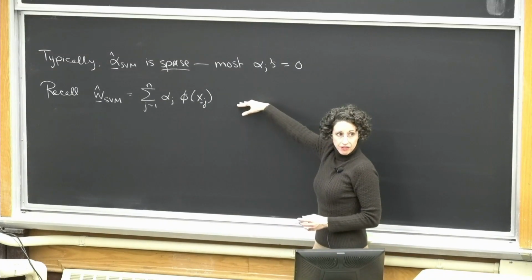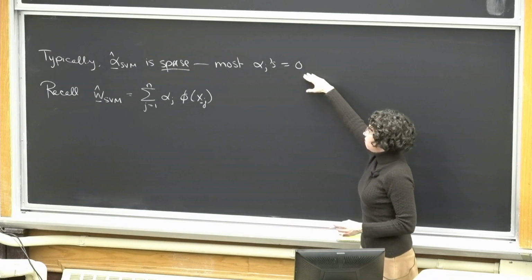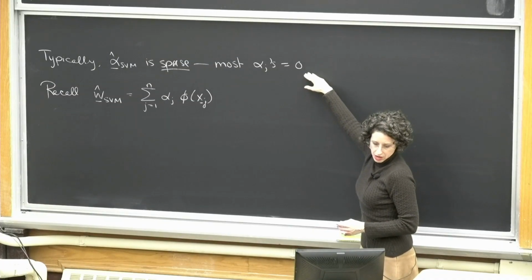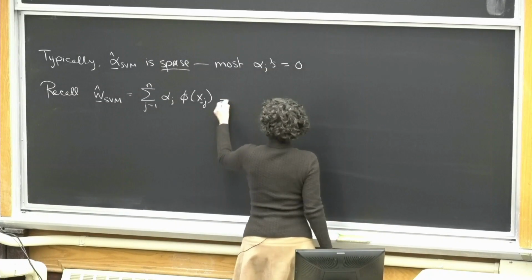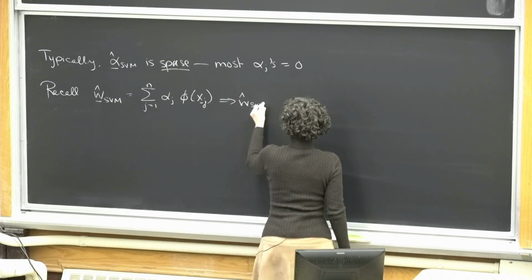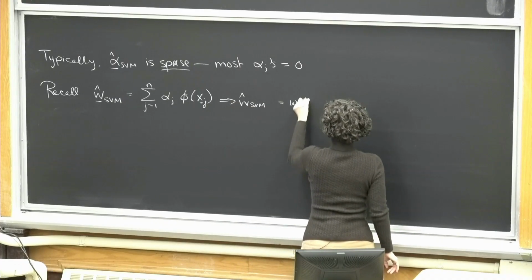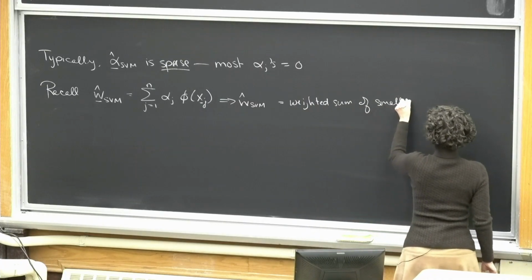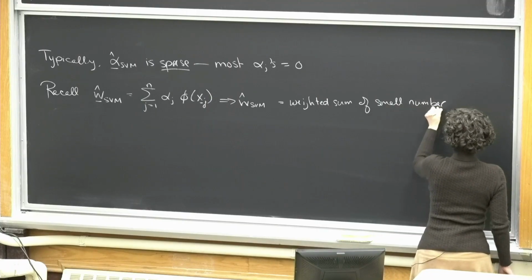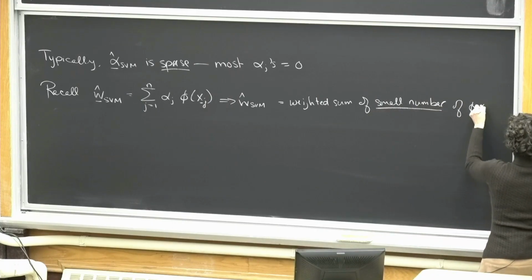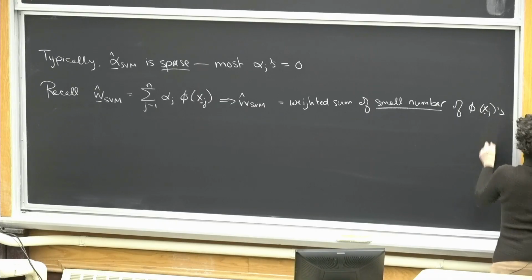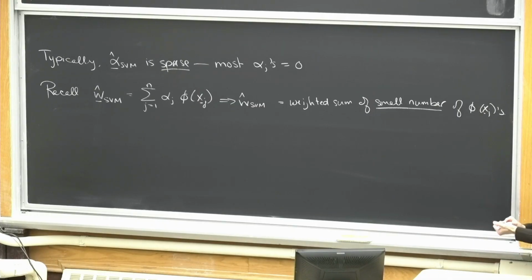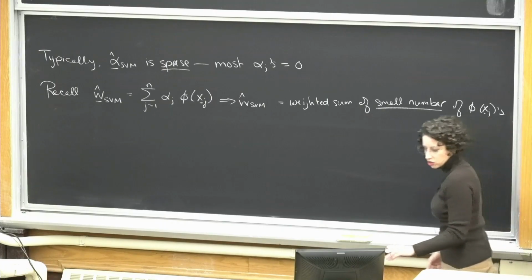If this is the form of our weight vector, and most of the alpha j's are equal to 0, then what it means is that this w hat SVM is equal to a weighted sum of a small number of these high dimensional feature vectors. Okay, so we've said all along it's a weighted sum of all n of them, but most of those weights are 0. There's only a small number that are non-zero. And so what are they?